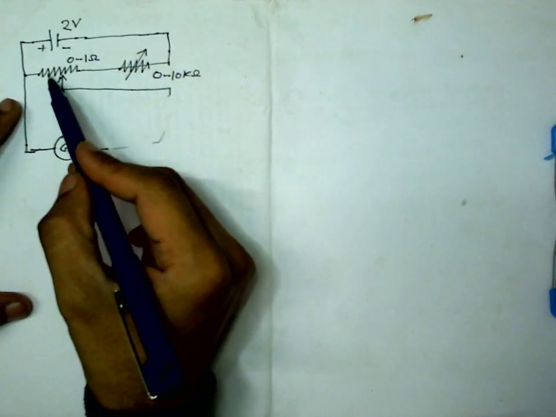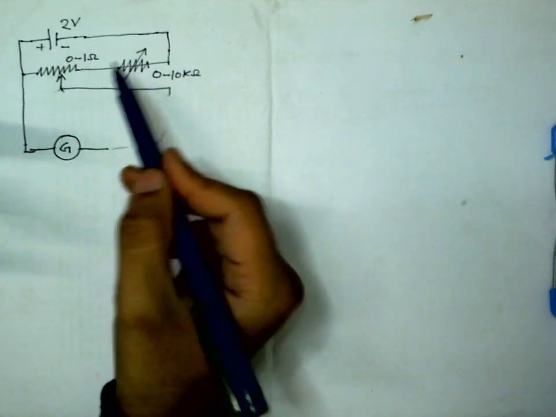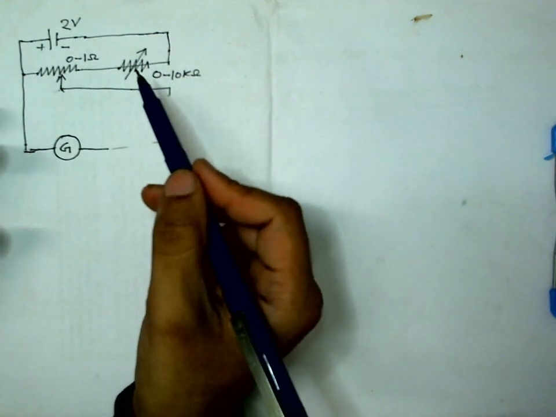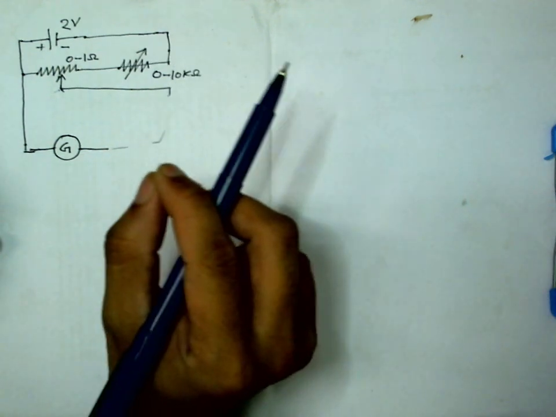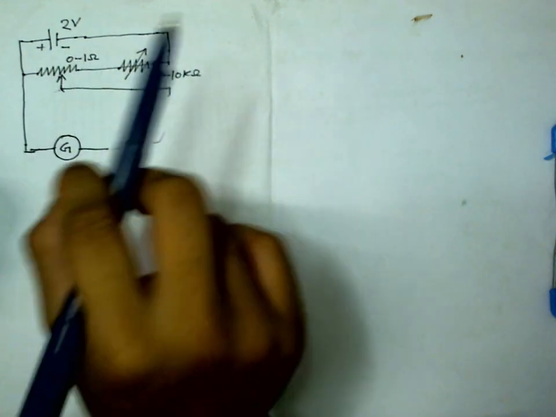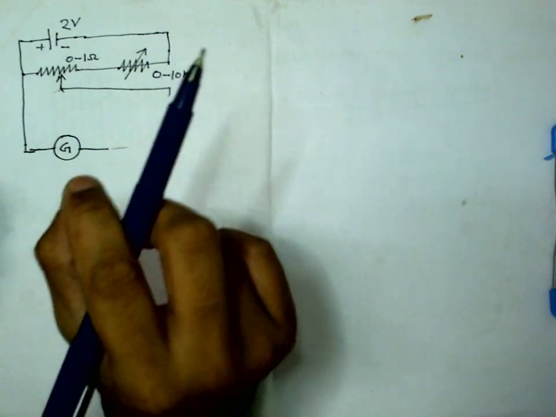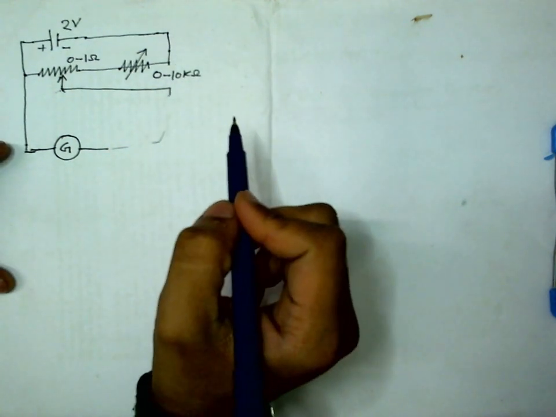Okay, so basically we have two controls just to control this one voltage. One can control the voltage in large steps, another can control in fine steps. So with one you can change the voltage quite fast, and with the other one you can change it very finely in small steps. That's the difference.